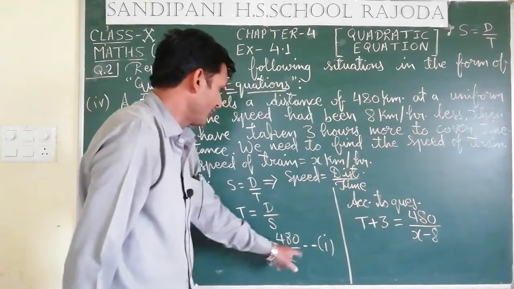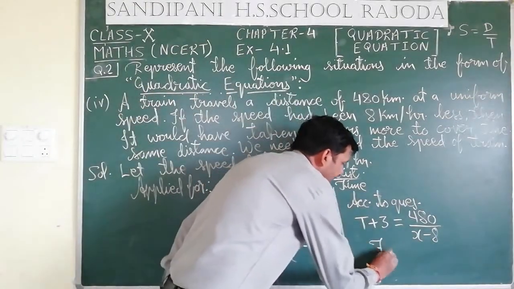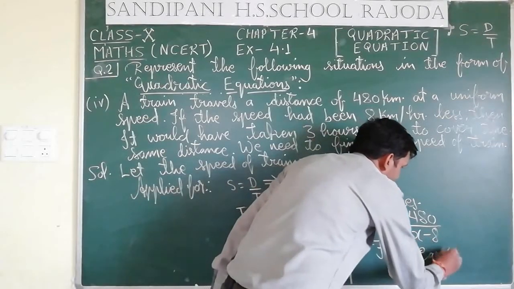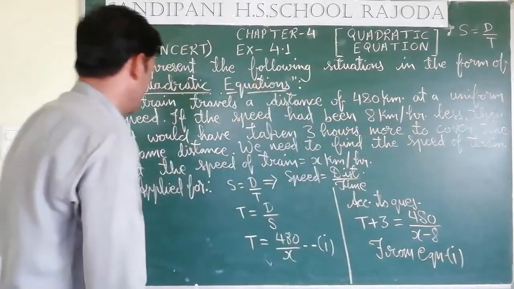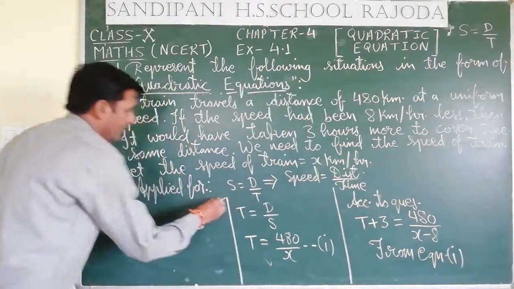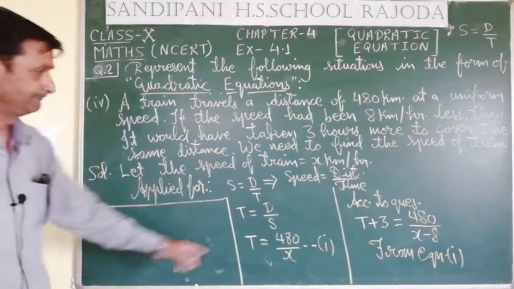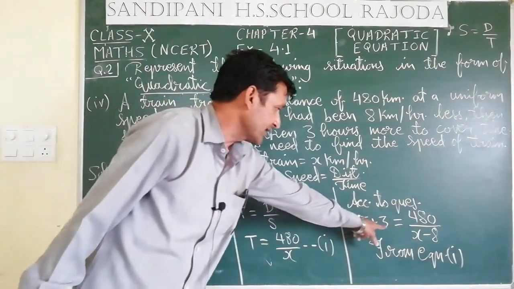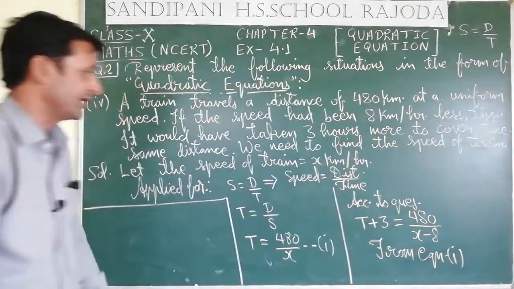Now from equation 1, see, value of t is 480 upon x. So 480 upon x plus 3 is equal to 480 upon x minus 8.